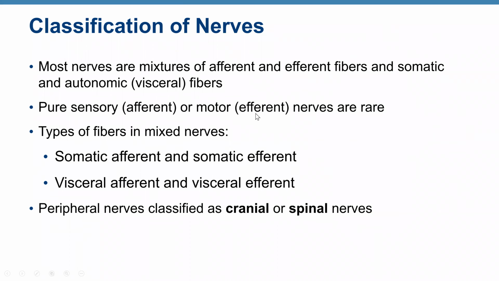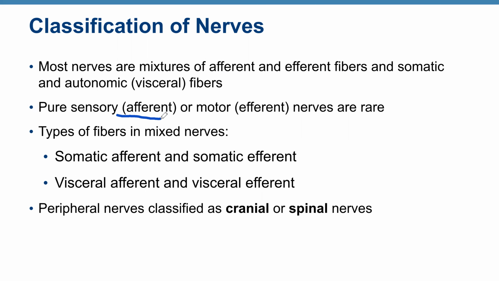Classification of nerves. Most nerves are mixed nerves. They're a mixture of afferent and efferent fibers and somatic and autonomic visceral fibers. So in most of the nerves, inside that epineurium, you will find fibers that carry sensory information to your brain and motor information to your muscles. However, we have nerves that are pure sensory.